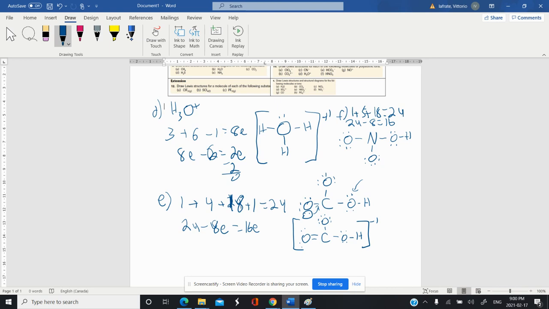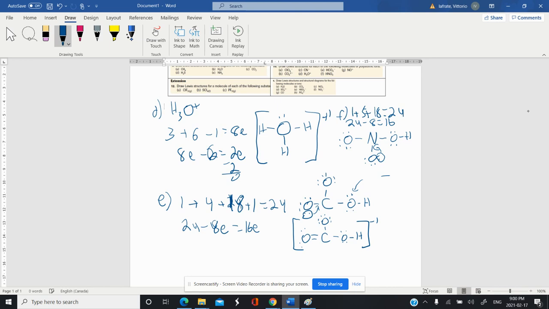However, our nitrogen is not very happy. So we do need to fix that to get a complete octet on the nitrogen. So what we can do is grab a lone pair from one of the oxygens that doesn't already have 2 bonds to it and make it a double bond.